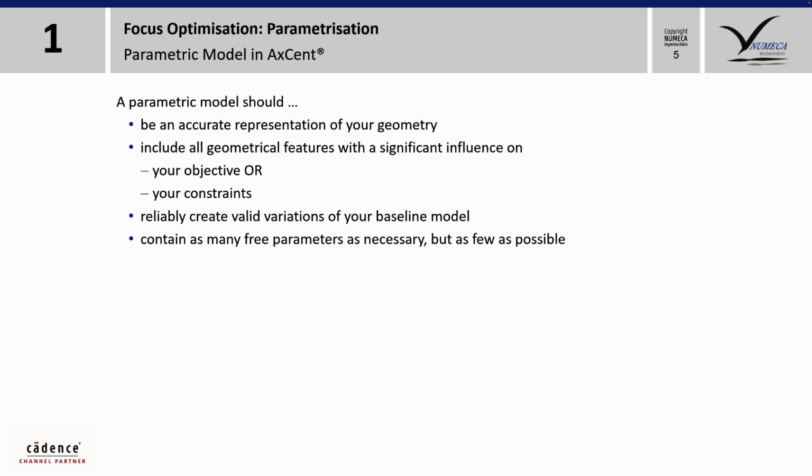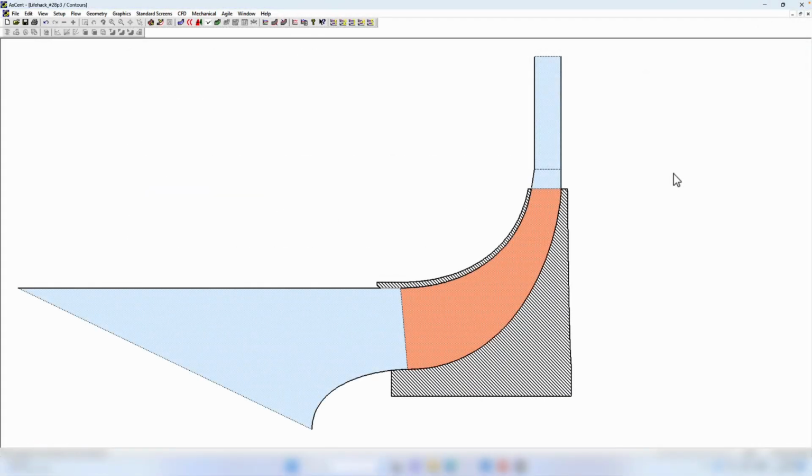And that is usually up to the engineer to decide: which parameters are necessary and which parameters you could neglect. And I will also be showing this by means of our model in Accent. The model we used contained a total of 27 parameters, representing, for instance, the shroud contour, the hub contour, the blade angle distribution, and so on.